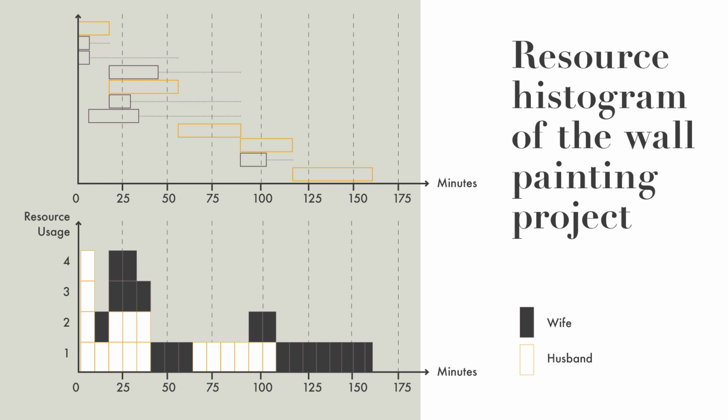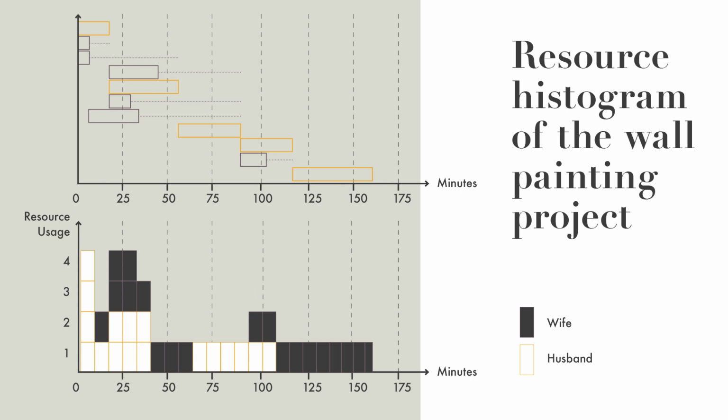So of course we can borrow the husband from the neighbor, but it is also possible to level those activities and shift them according to the floats, so that shifting those non-critical activities doesn't delay the project, but levels the resources, so that it might be possible to manage the project with one wife and one husband.